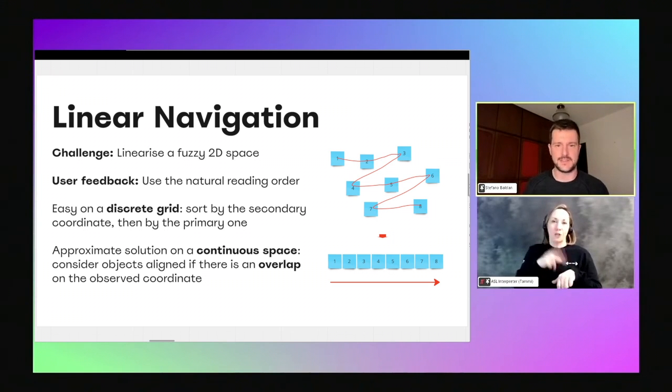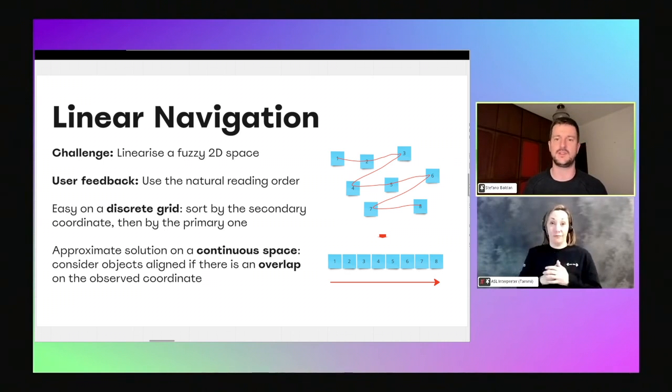With this fuzzy space, with no alignment whatsoever, it's very much possible that no object on the board has the same vertical axis value as any other object. But we found out that relaxing a little bit the requirement of having the same vertical value works in a satisfactory way.